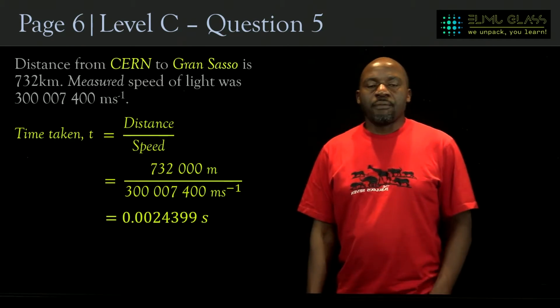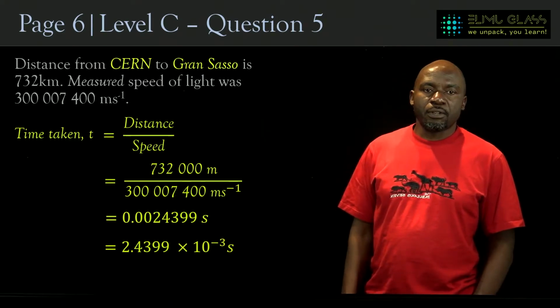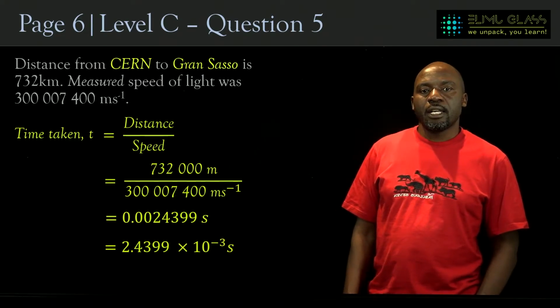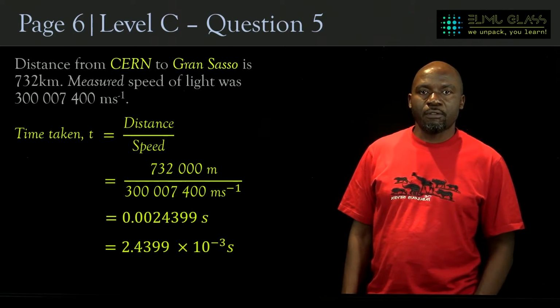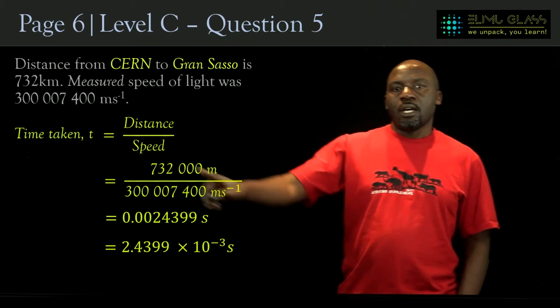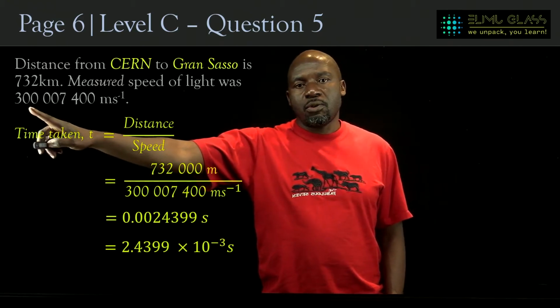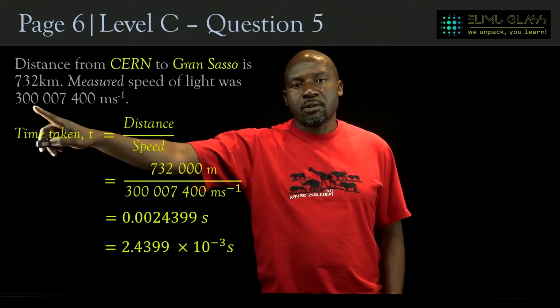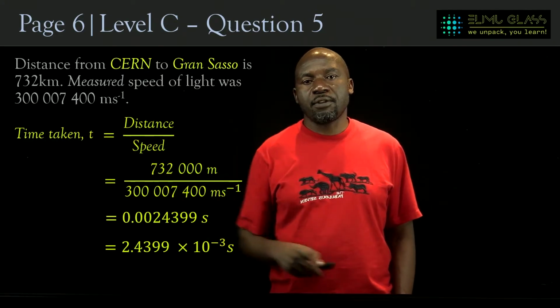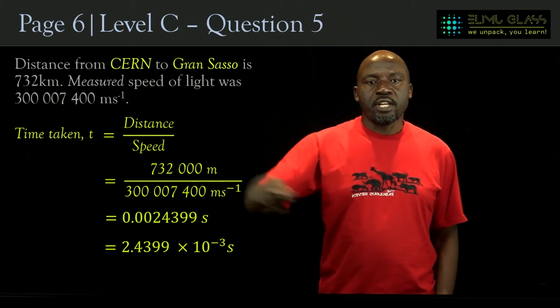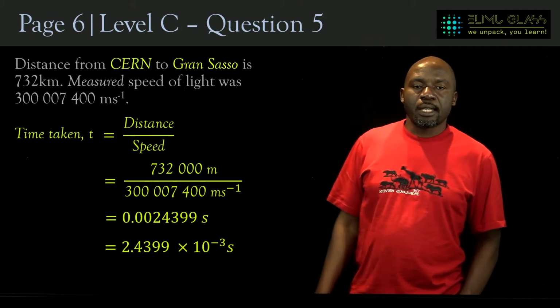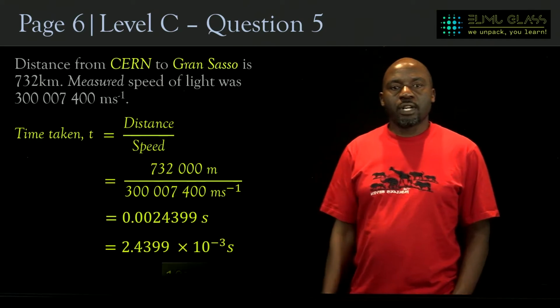And if we are to give this answer in scientific notation, then we have to write 2.4399 times 10 to the power of negative 3. But of course, this is to how many significant figures? So that is 5 significant figures. But the data is to 3 significant figures. So because we are dividing, our answer needs to be to 3 significant figures.